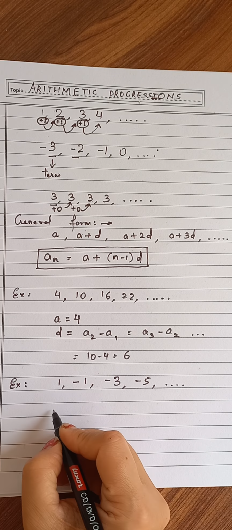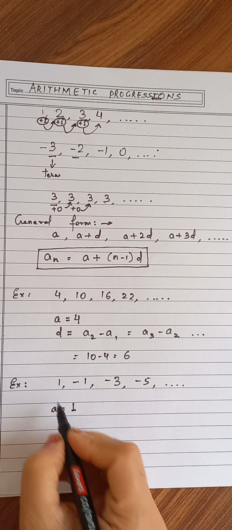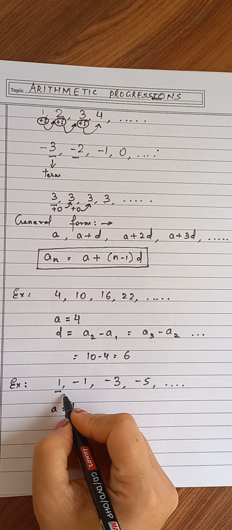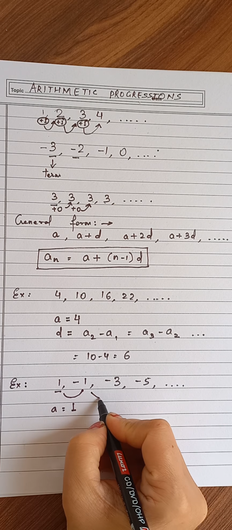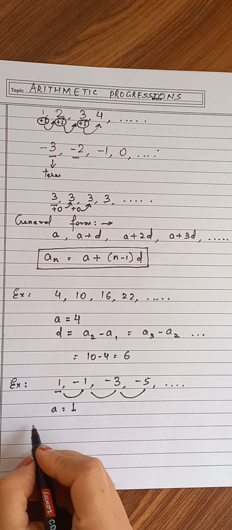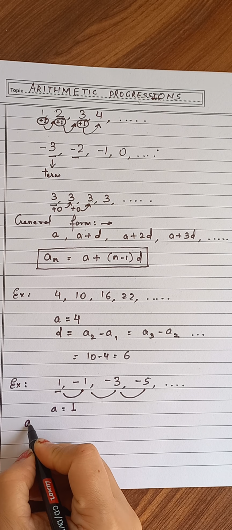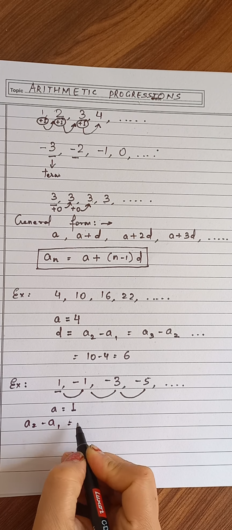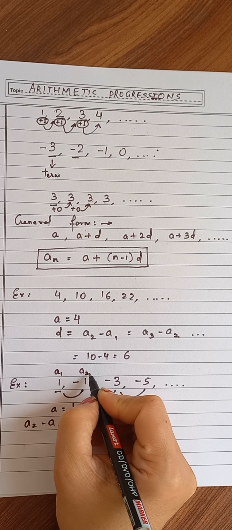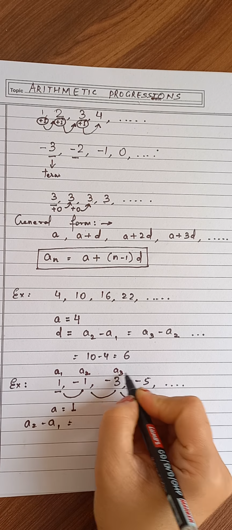Here the first term is defined, 1 is there, this is the first term, we denote it with A. Now we have to check whether the list of numbers forms an AP or not. For checking that, we have to check the difference between the terms. Every time, whatever the numbers given, we have to check every difference. That means first of all you have to see A2 minus A1. This is A1, this is A2, this is A3 and this is A4.